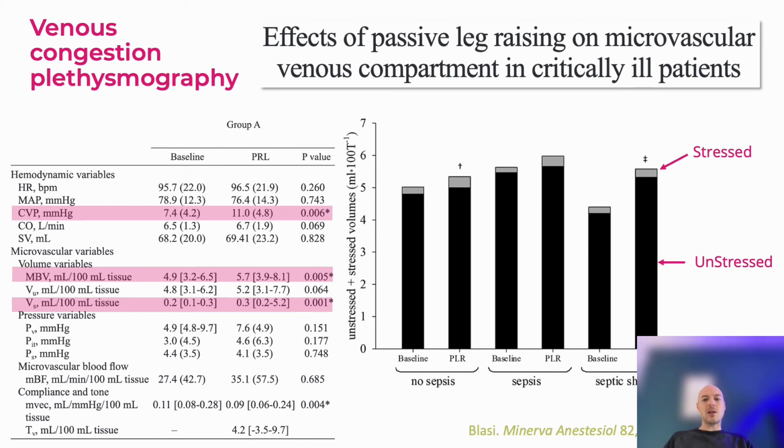The PLR increased the unstressed volume without significant effect on the stressed volume. So sensu stricto, it is not a measure of venous congestion, but rather an assessment of fluid tolerance of the venous compartment.